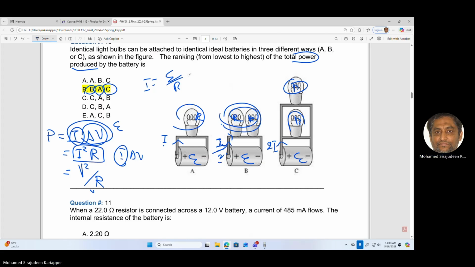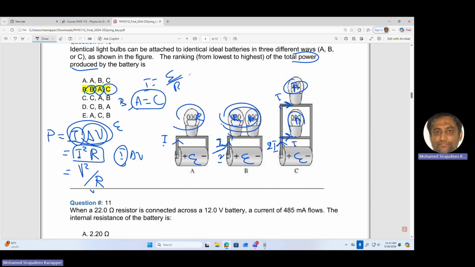No. 2I. You know what happened? There will be I through this and I through this. This 2I will be divided into I and I. Do you understand what I'm saying? So all the bulbs of A and C will have the same brightness. So the answer would look like this: B, then A, C. It doesn't matter which you put first.